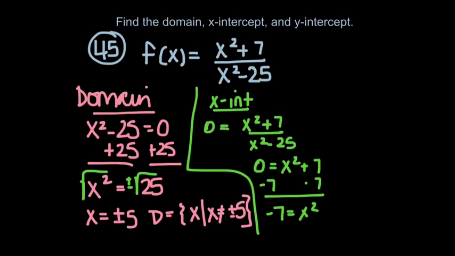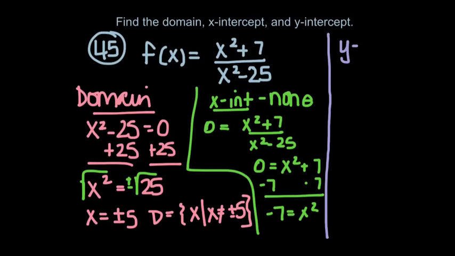If I take the square root of both sides of this equation, I end up with x equaling plus or minus i square root of 7. In other words, there's no real number that I can square to get negative 7. This means that there are no x-intercepts. In other words, that graph is not going to cross the x-axis at all. I can't have negative numbers on a real coordinate system, so I know that I have no real x-intercepts.